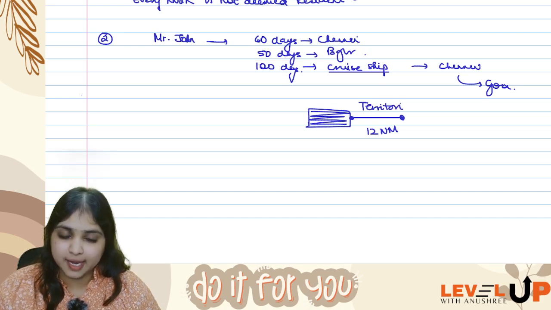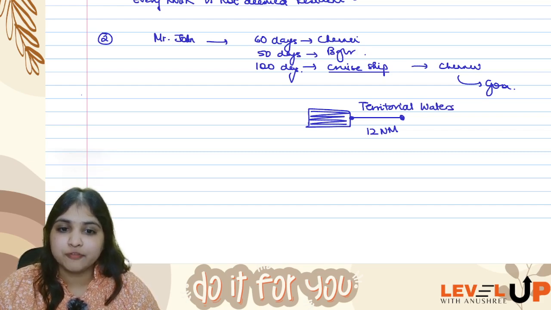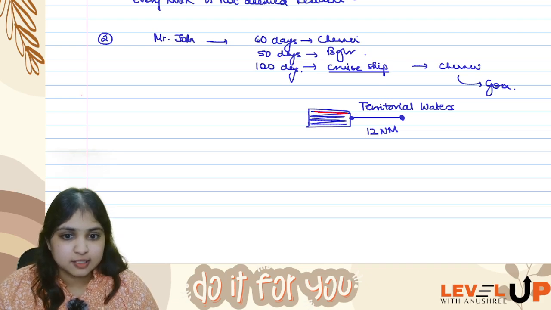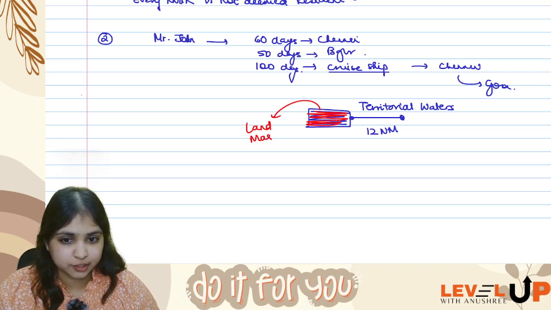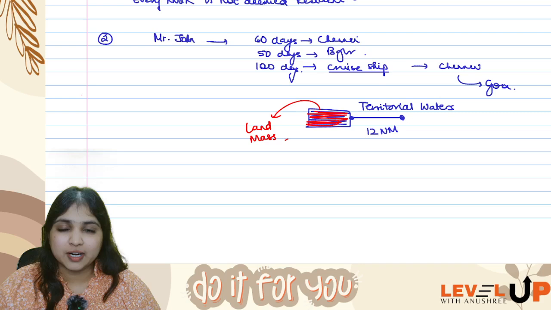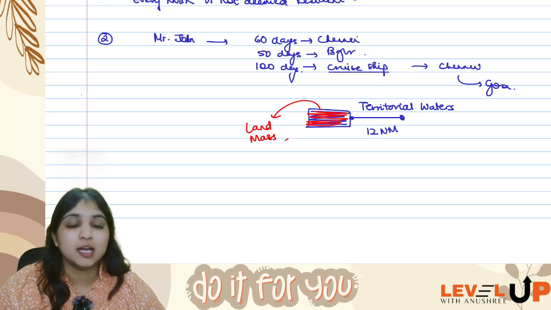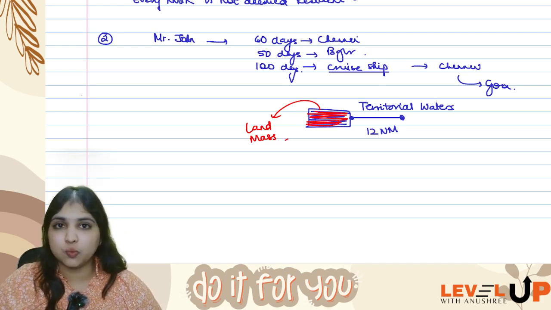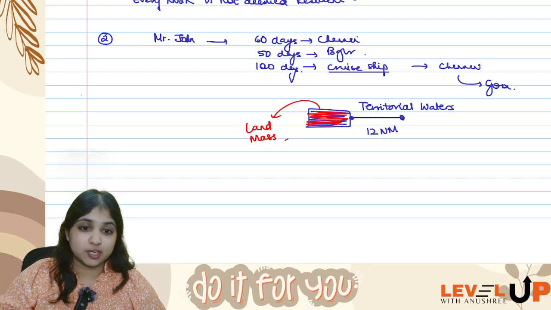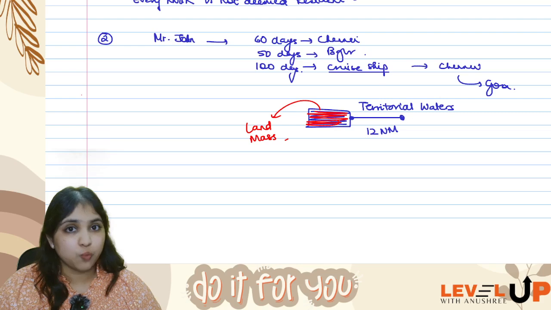I'll repeat again, where the land mass of our country ends, this shaded region over here is, let us say, the land mass of our country. So from the shoreline, 12 nautical miles in the ocean is considered as territorial waters.